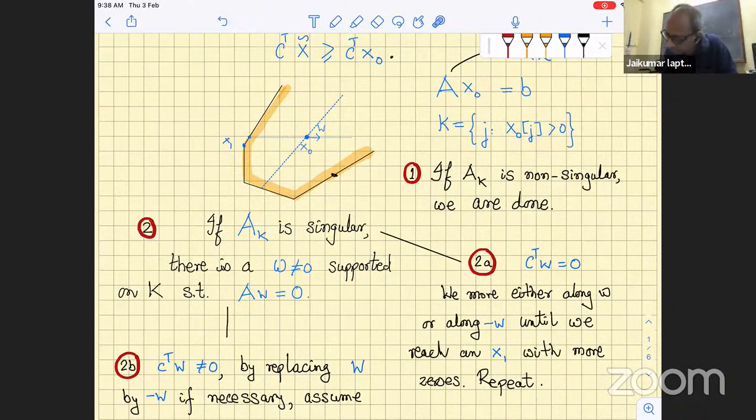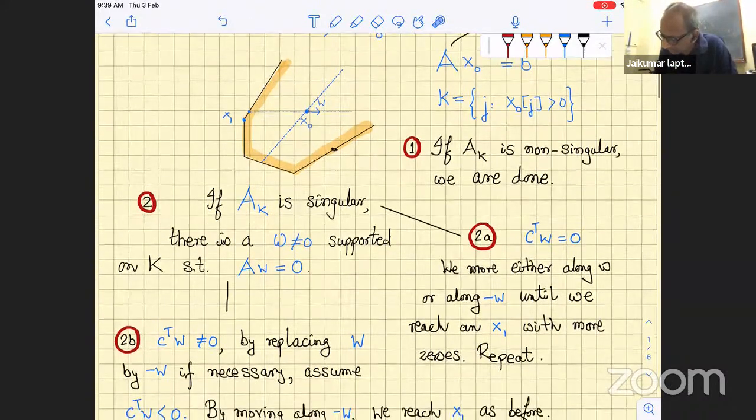Let us call that dependency W. W is a vector whose non-zero values are only sitting on the columns corresponding to K. And we know that such a vector exists because A_K is singular. I shouldn't be using the word singular. The columns are linearly dependent. Then there are two cases.